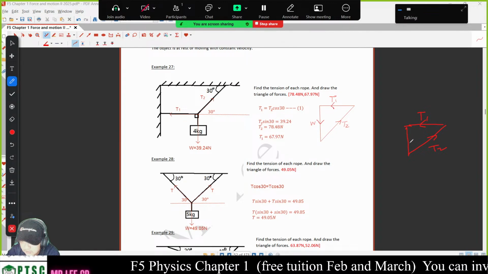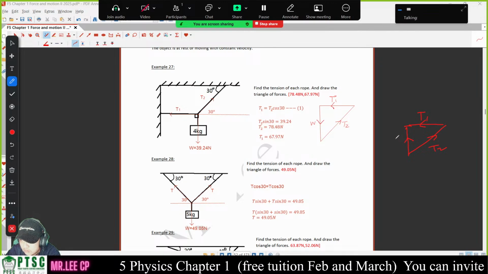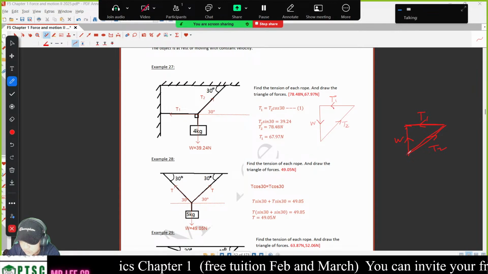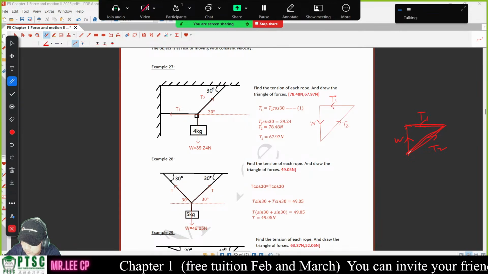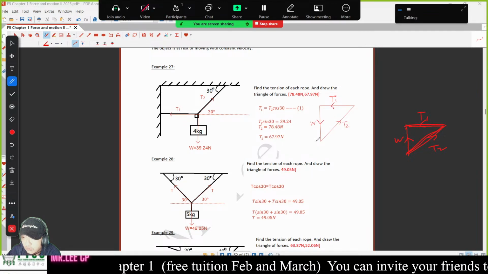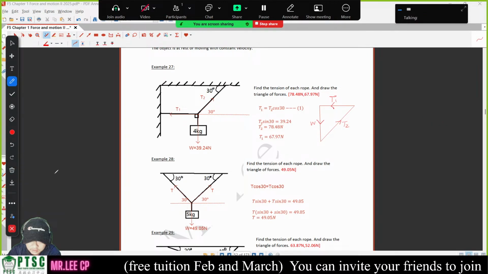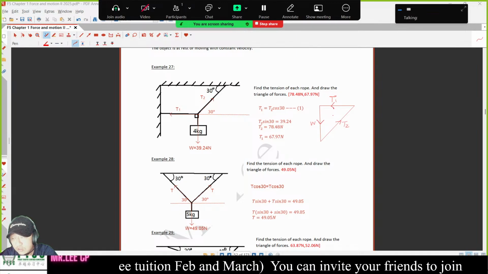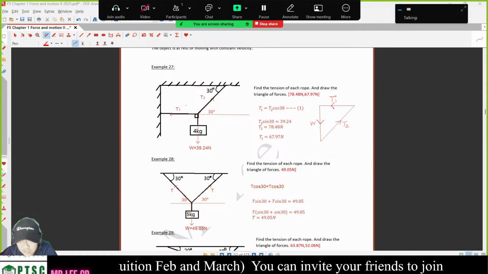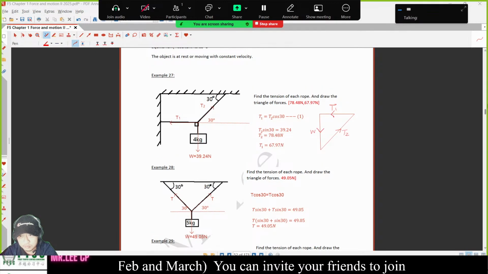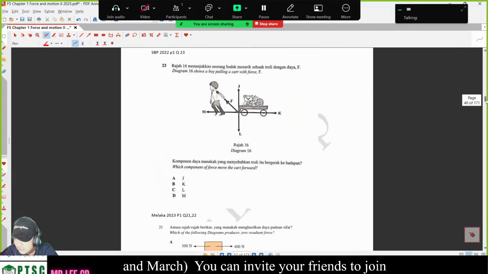Wrong lah. T2 and then T1 is supposed to go up. From here, start moving, come to here, and then it's supposed to go up. Teacher, why is yours going downward? Alright. What you say is true, but yours is not in equilibrium. This kind of question, not moving, then it is equilibrium. So what I say is this one.